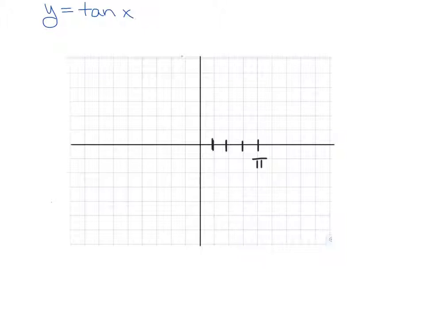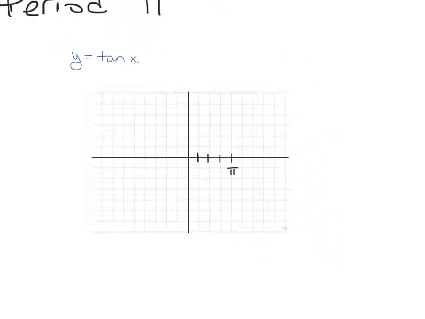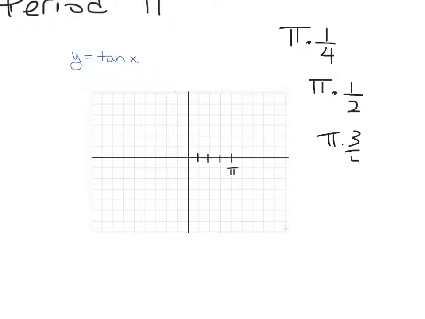And then remember to get the values on the other ones, I take pi, multiply it by 1/4, 1/2, and 3/4. So here I'm going to get pi over 4, pi over 2, 3 pi over 4. So I can go ahead and label those points.